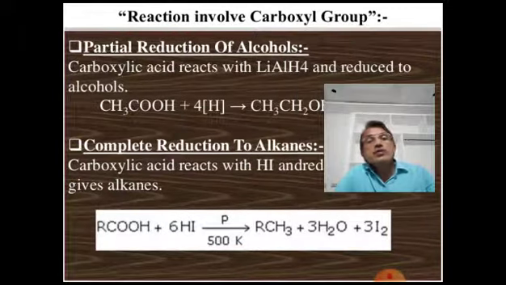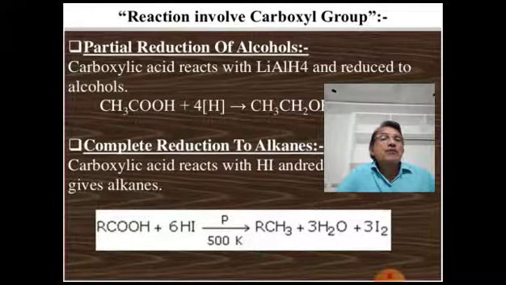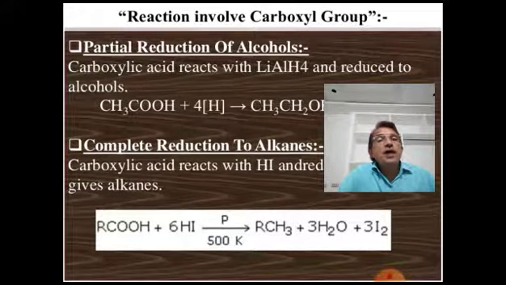By using this reaction, we can convert a carboxylic acid into an alkane. If acetic acid is taken, it reacts with HI in the presence of red phosphorus at about 500 Kelvin temperature to give ethane. So, complete reduction of carboxylic acid gives alkanes.